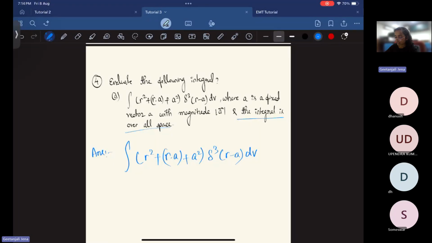Try to see in which point the Dirac delta function is non-zero. Yes, it's correct.